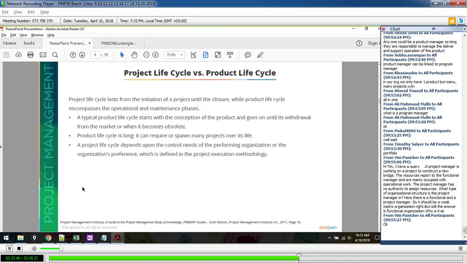Okay, now let's compare project life cycle to product life cycle. A project life cycle lasts from the initiation of the project to the closure, right? So we start, the project's approved, we complete the project, and then we hand over what we're done. That's a project.